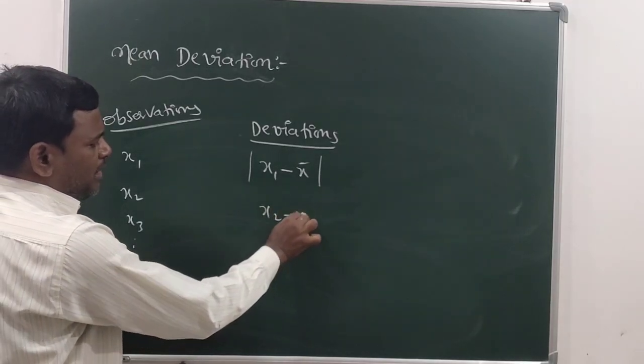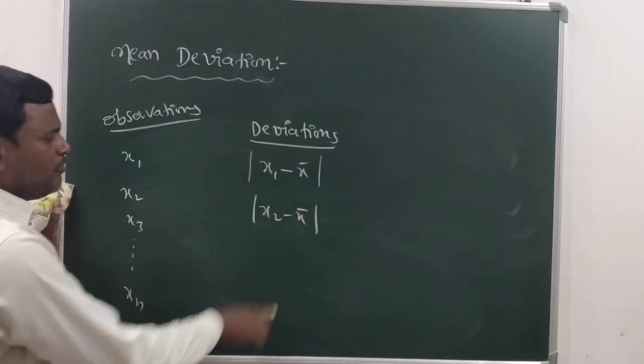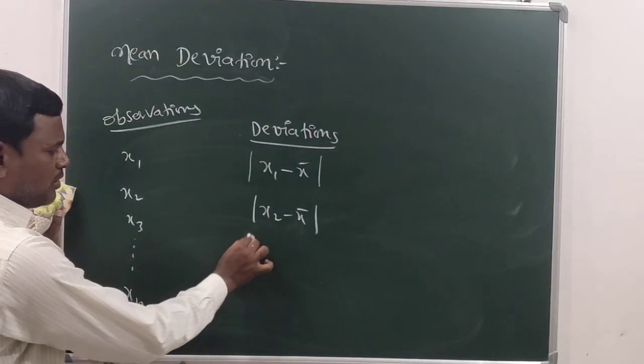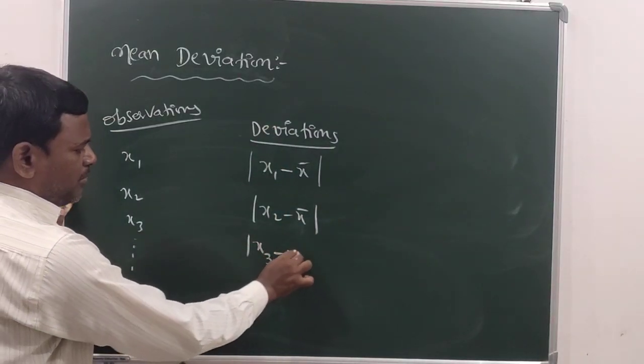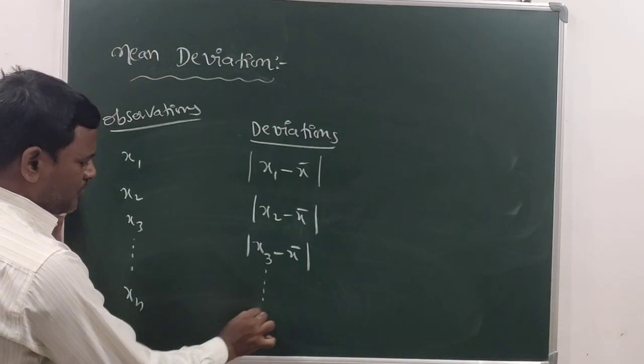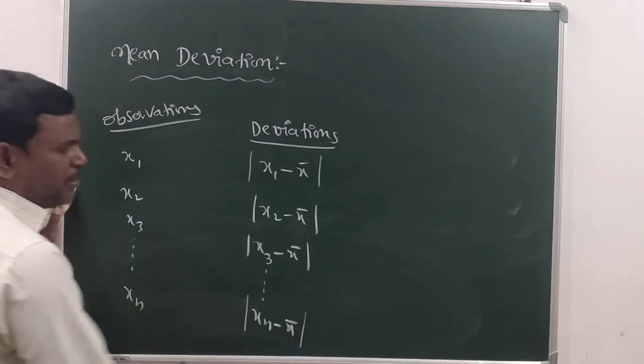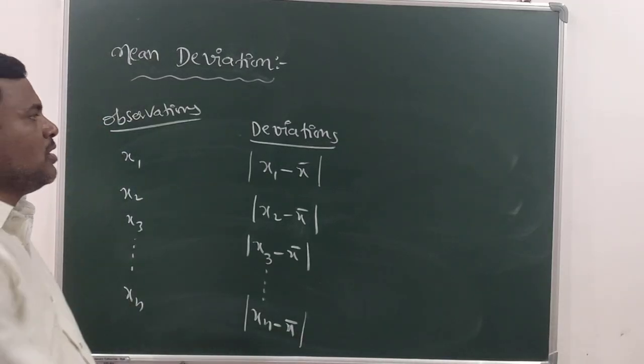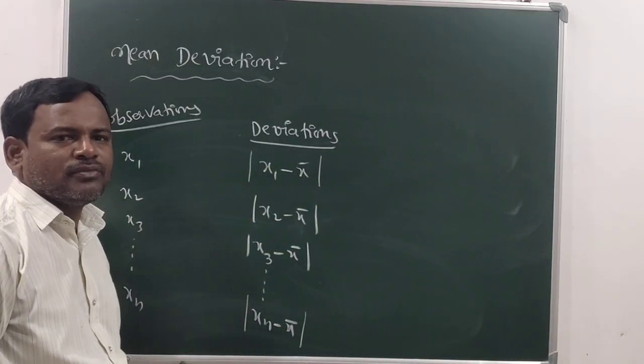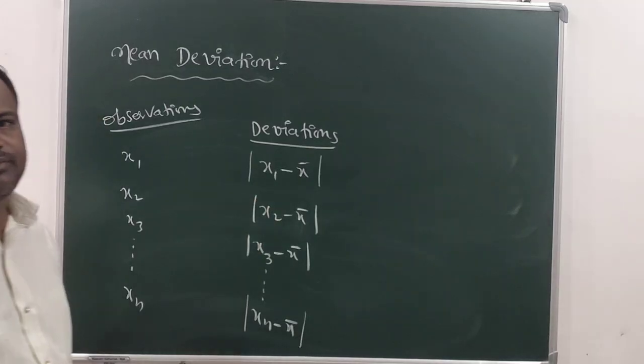And x2 minus x bar, this is the second column you have to prepare, and so on: x3 minus x bar, xn minus x bar. You have prepared the absolute deviations from the mean.